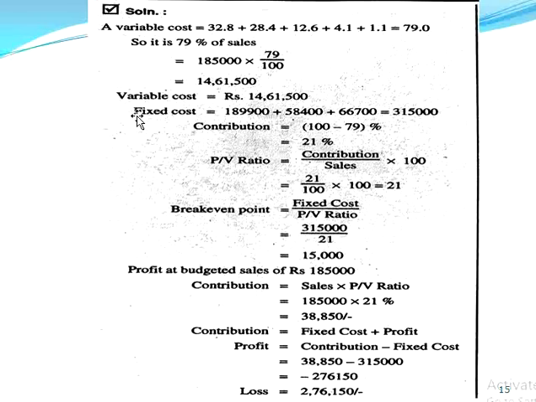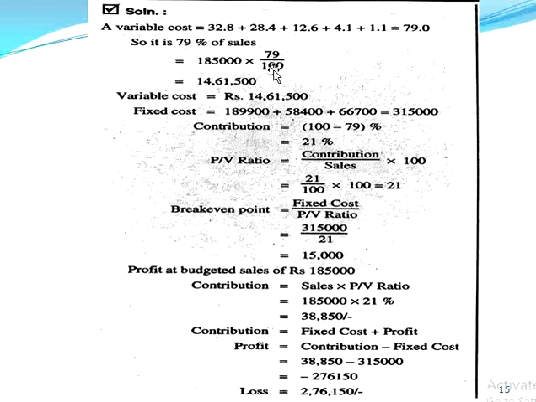Then similarly we can calculate fixed cost. Fixed cost is the summation of all individual fixed costs. So the answer is 3 lakhs 15,000. So we can calculate in terms of percentage: contribution is equal to 21%.